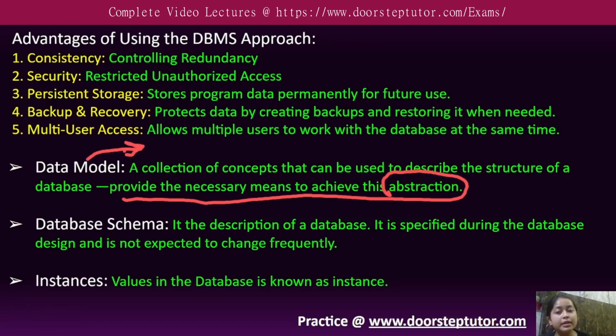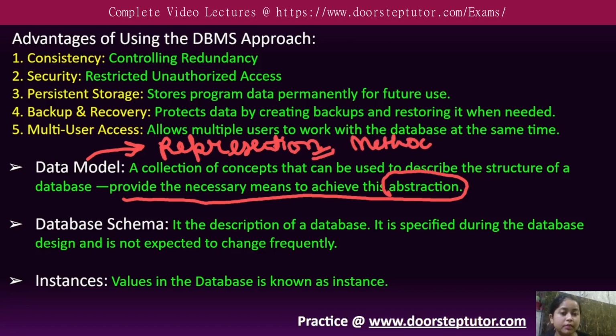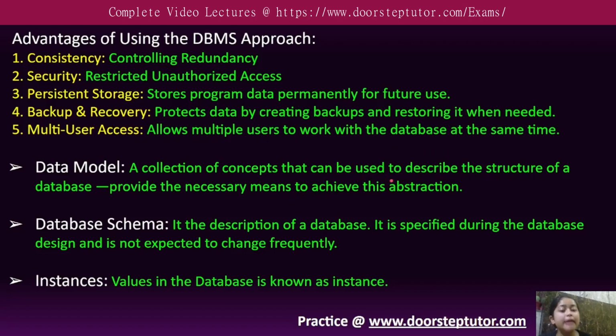A data model is used to explain how your data will be represented. You can say this is the representation method. Data models are the representation models that help you describe the structure of your database, and they also help to achieve abstraction.